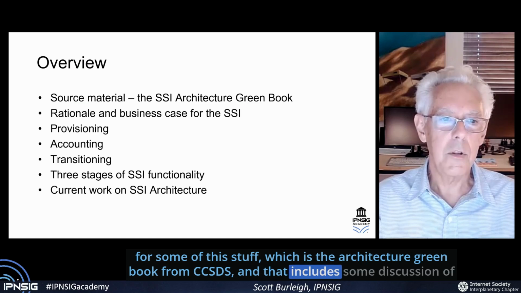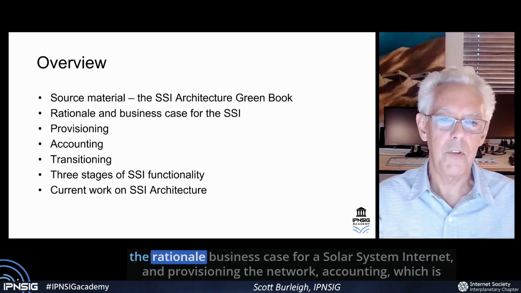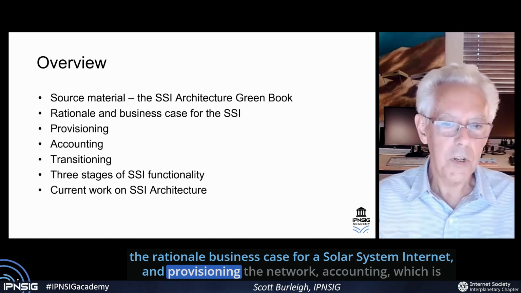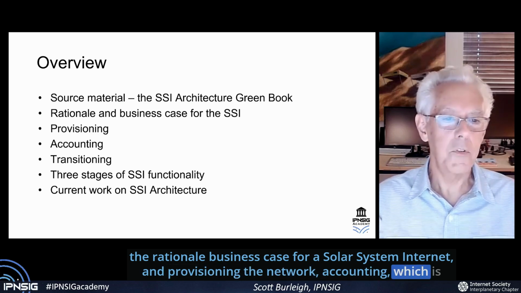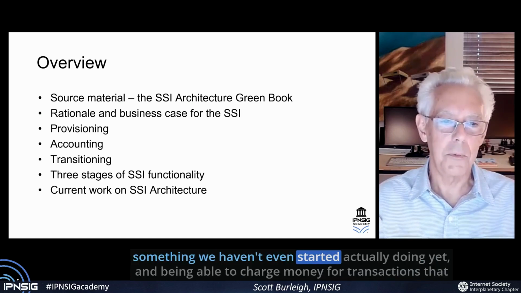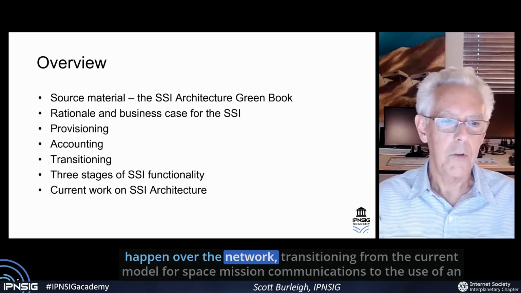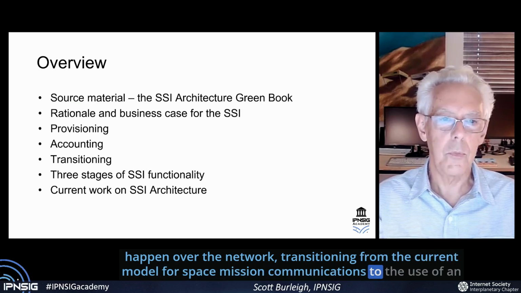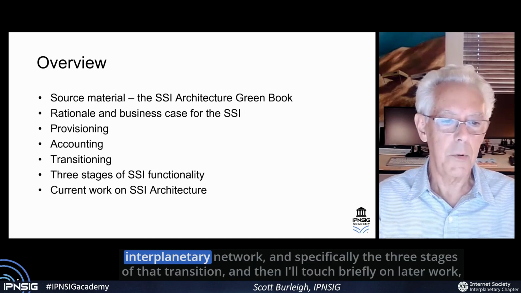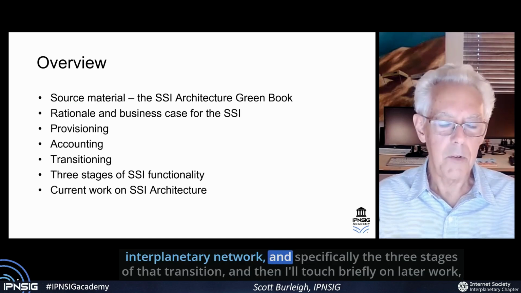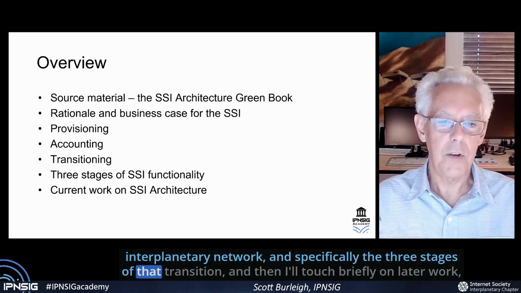And that includes some discussion of the rationale, business case for a solar system internet and provisioning the network, accounting, which is something we haven't even started actually doing yet, and being able to charge money for transactions that happen over the network. Transitioning from the current model for space mission communications to the use of an interplanetary network, and specifically the three stages of that transition.